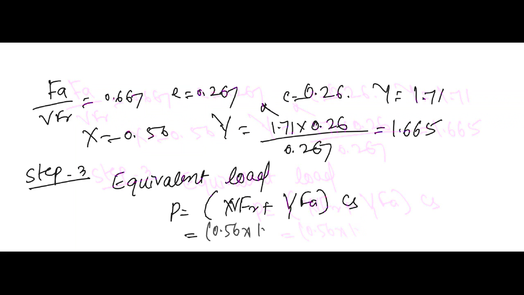V is 1. Radial load is 3 kilonewton. Plus Y is 1.665. Axial load is 2 kilonewton. CS is 1. So how much will we get here? Just calculate P.